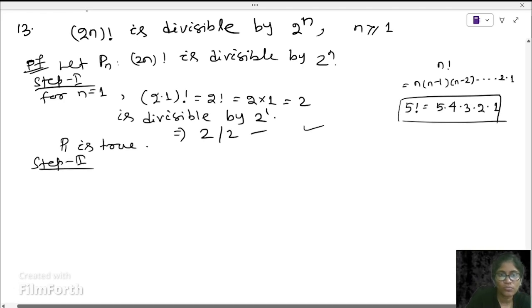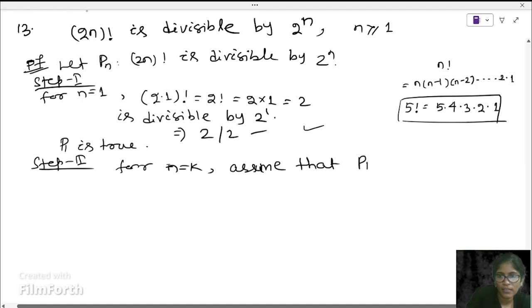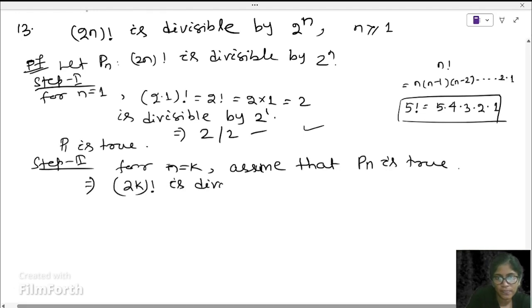Next step. For n is equal to k, assume that P(k) is true. That means (2k) factorial is divisible by 2 to the power k.